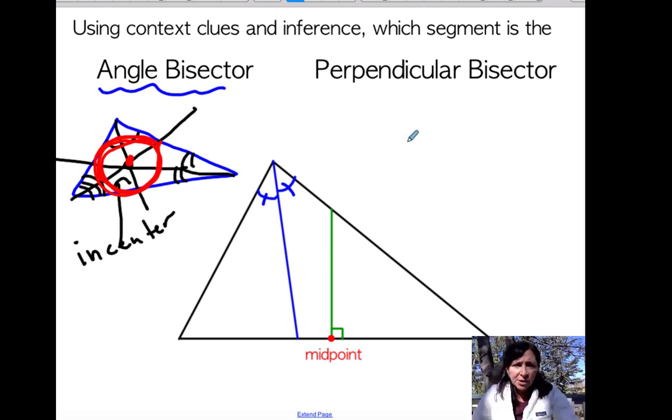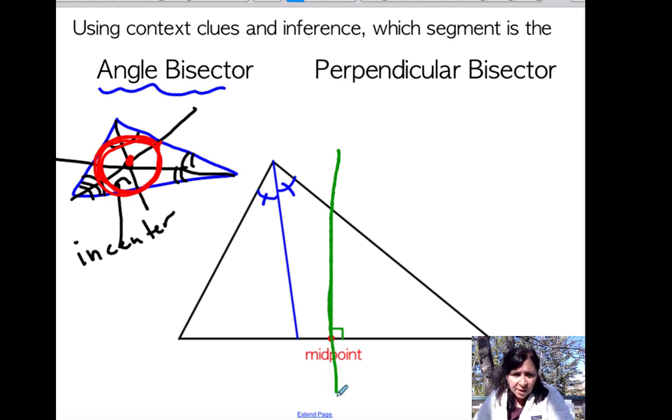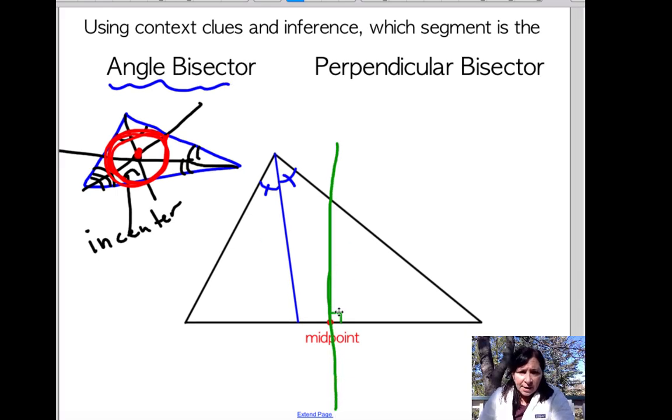Additionally, we have a perpendicular bisector in a triangle. A perpendicular bisector does not have to originate at the vertex. It's a long line that bisects a side, and it's also perpendicular when it does that.